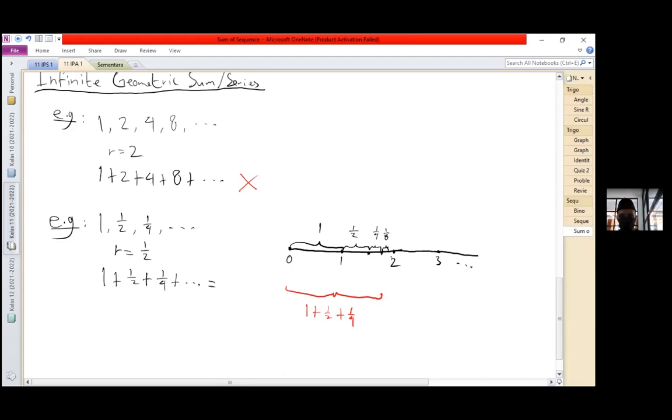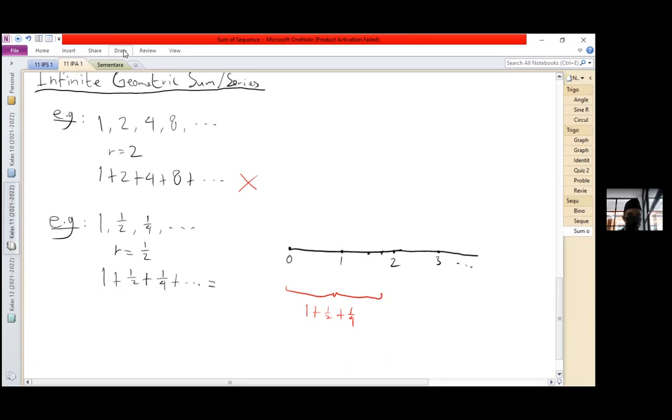And if you look at the number line, every time you add a term, let's repeat.